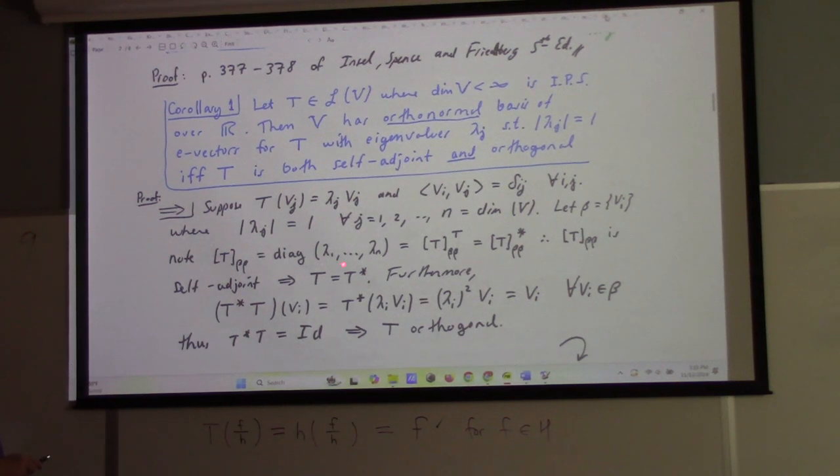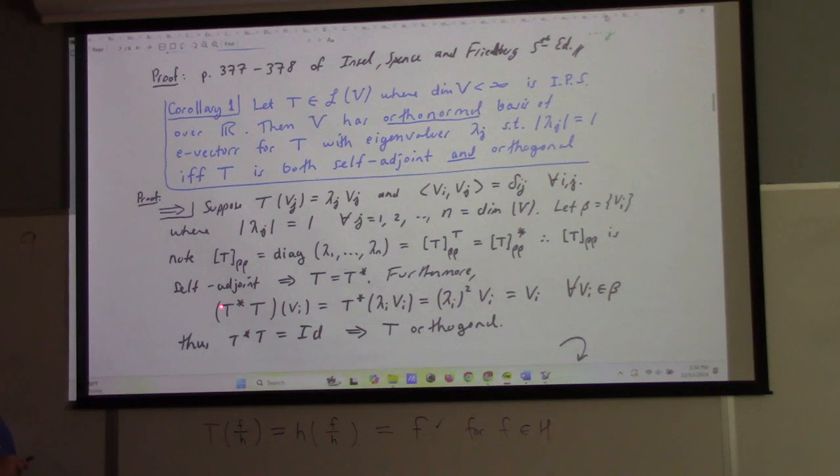Notice that the matrix is diagonal, with the eigenvalues on the diagonal, and that's equal to the transpose, which is equal to the adjoint, if you like. So therefore, the matrix is self-adjoint. Therefore, T is equal to T star. Furthermore, so that was part of it. We wanted to show self-adjoint. We did that. And orthogonal.